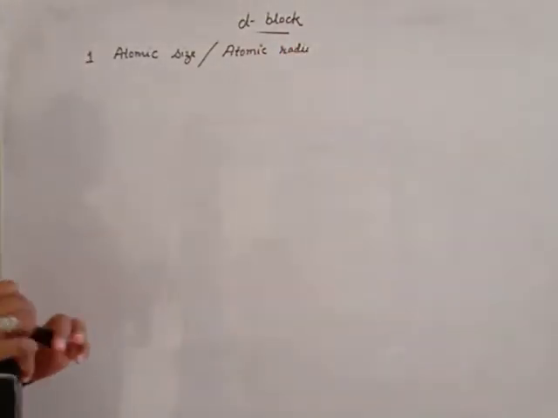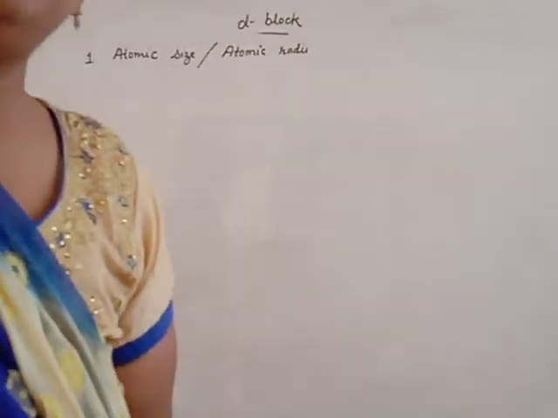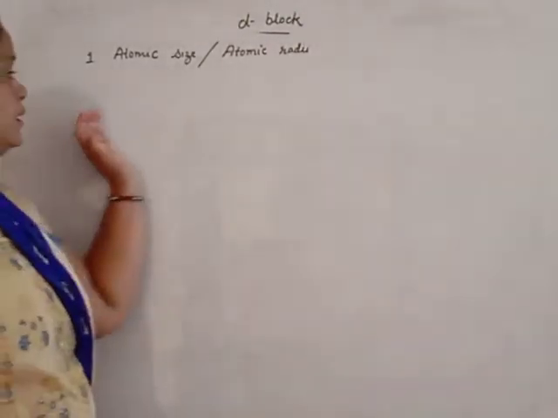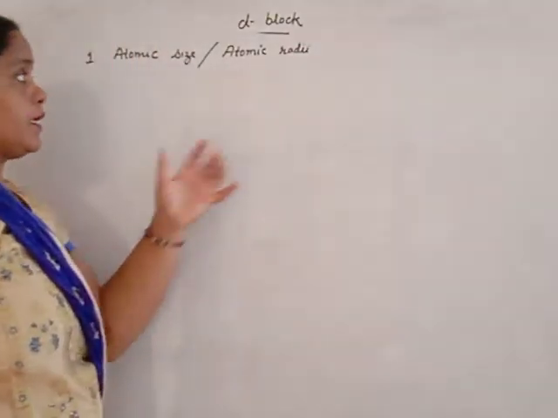Atomic size or atomic radii of d block elements exist between s block and p block elements. They are present in between them.